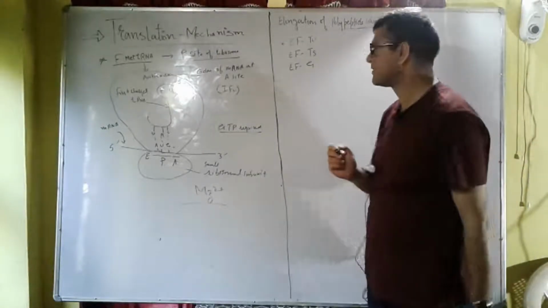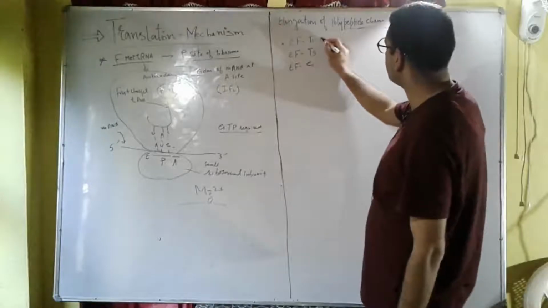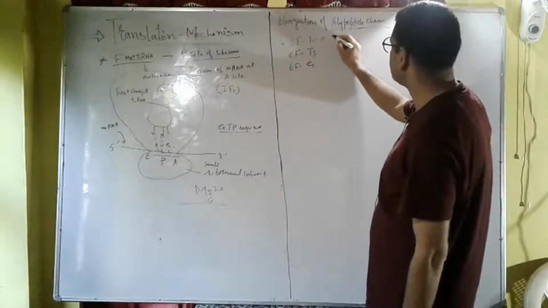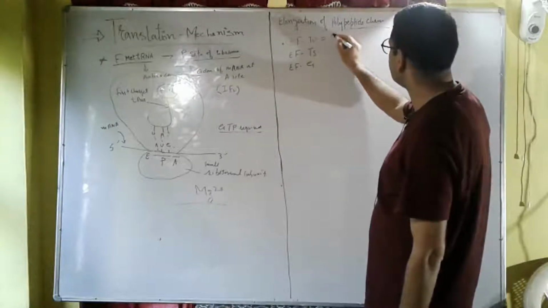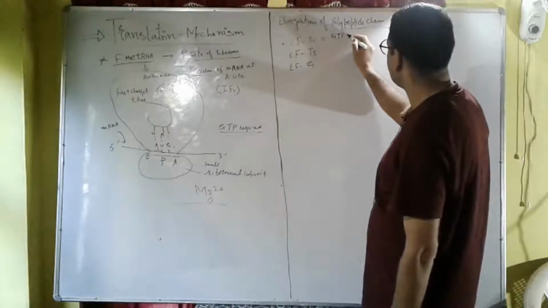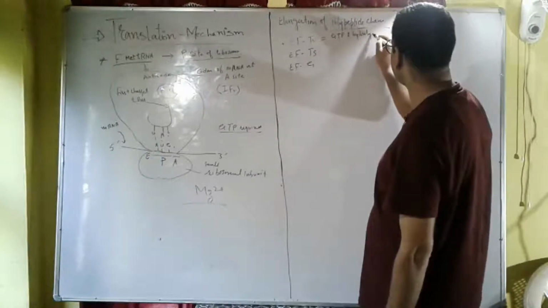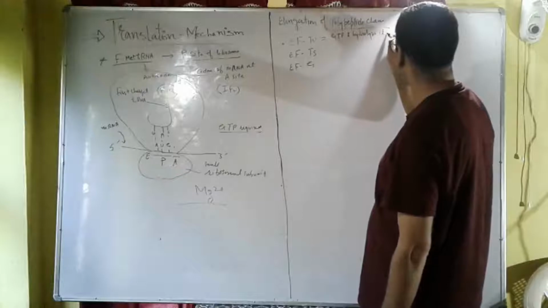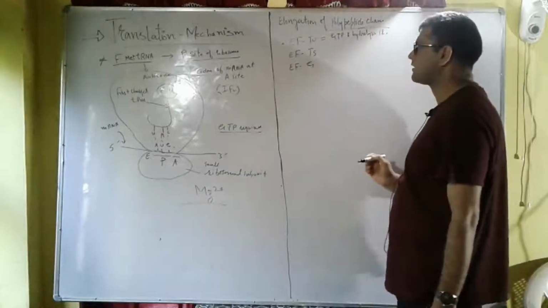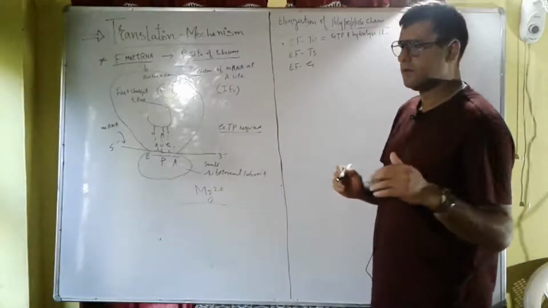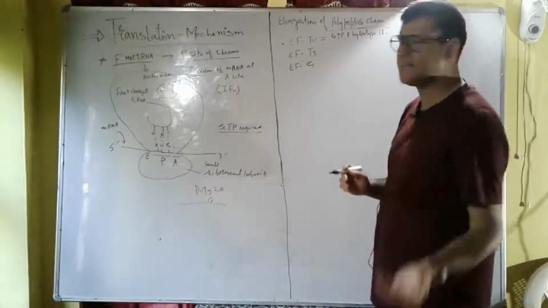It is a GTPase. Elongation factor TU binds to GTP and hydrolyzes GTP. It is responsible for binding of aminoacyl tRNA at the A site of the ribosome.